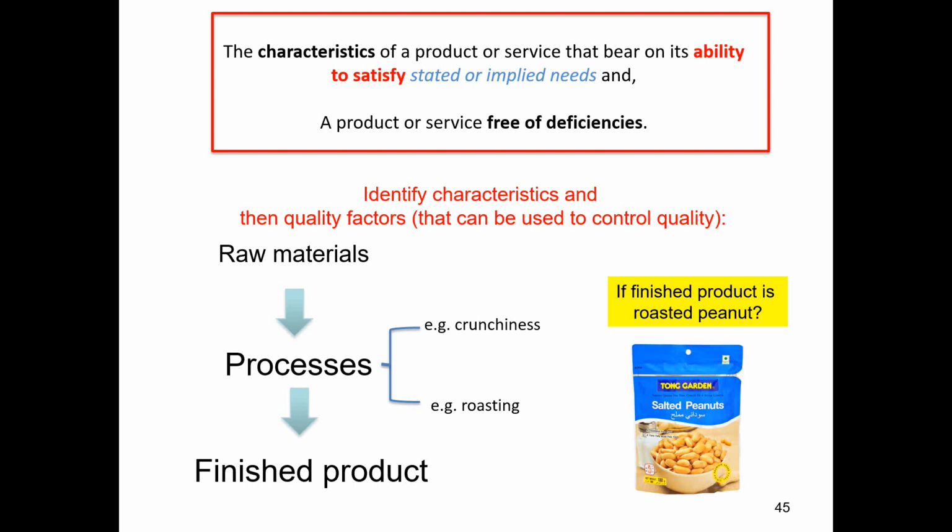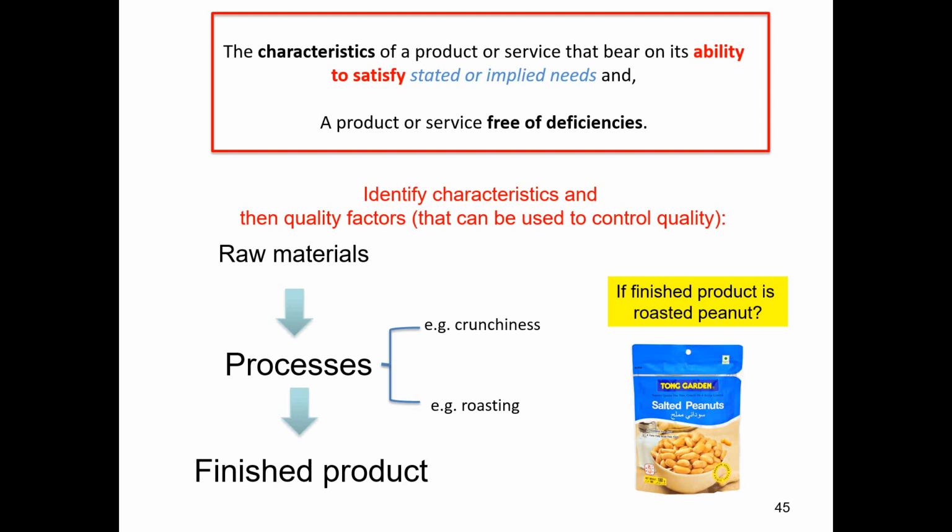So that is consumers. For you as manufacturers, you have to identify the quality factors, how to control the crunchiness characteristic. I give an example there. Roasting. During roasting, you have to control the temperature, maybe the time of roasting, maybe the speed of the drums being used during roasting.